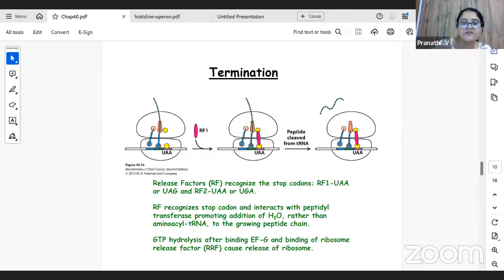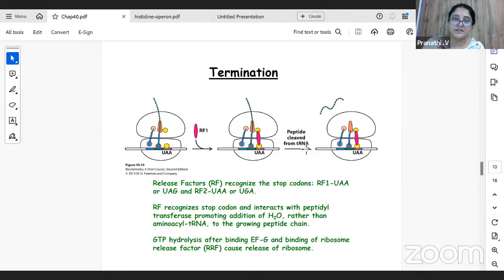That is when RF1 recognizes UAA or UAG, and RF2 recognizes UAA or UGA. The release factor recognizes that it is a stop codon and interacts with the peptidyl transferase, which helps in adding water. So instead of recognizing the growing polypeptide chain, it recognizes the water.